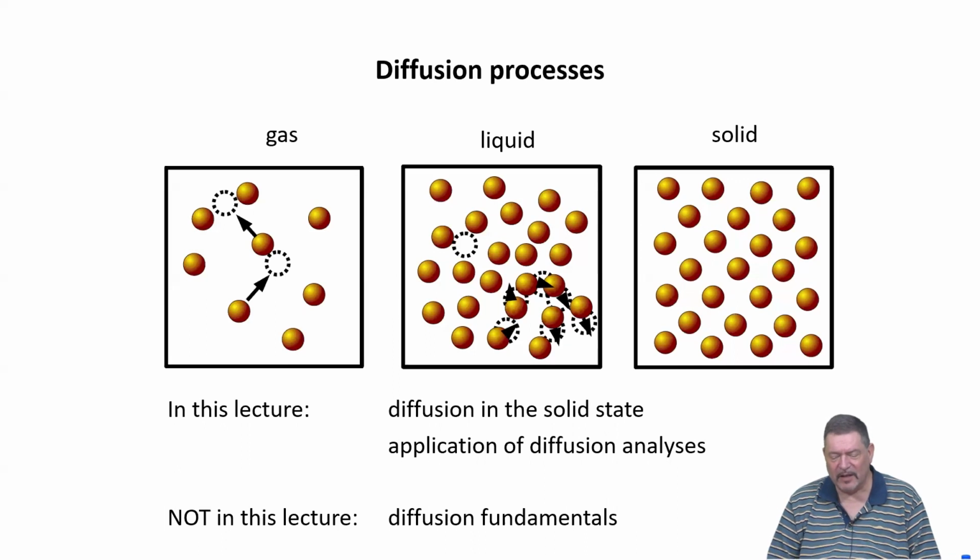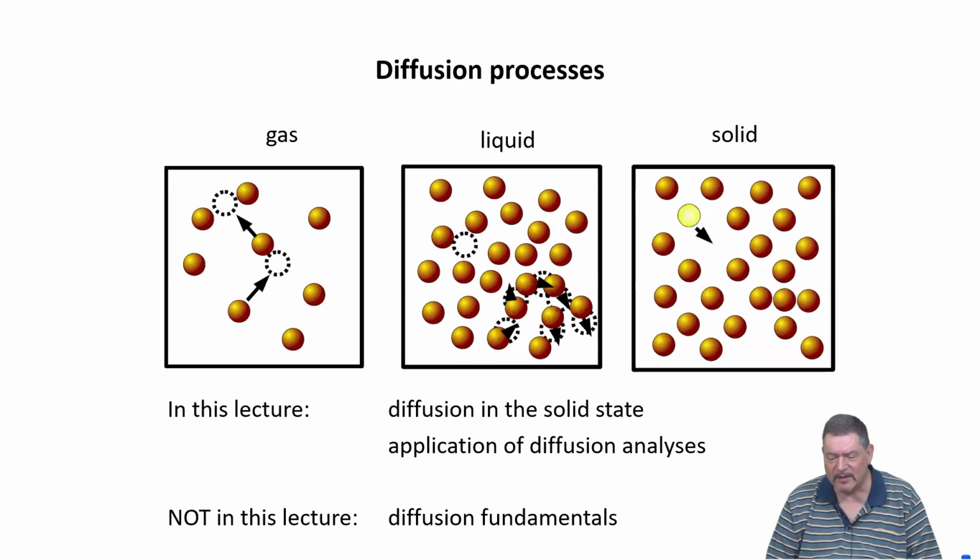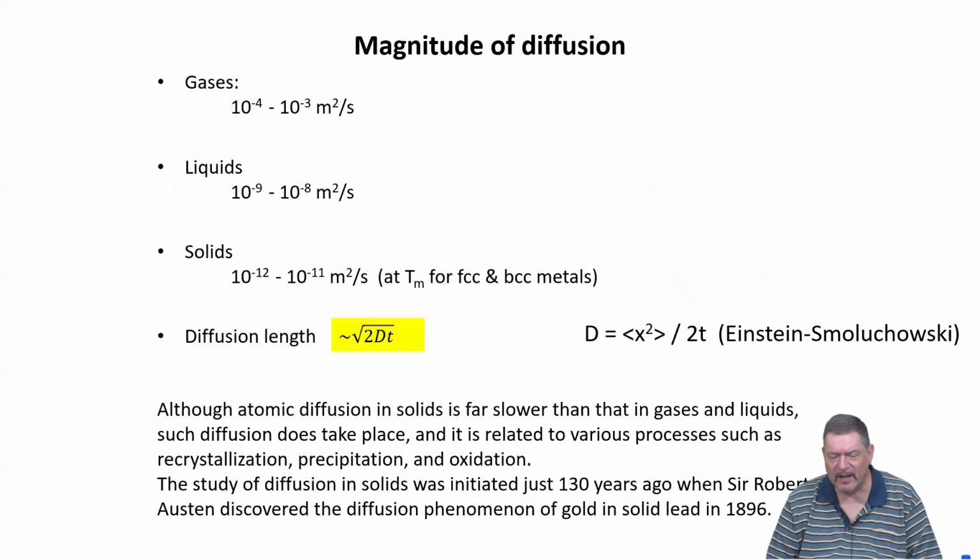And we know that already. What we will not do in this lecture is start from here, as I said, because we will jump ahead, and we will not go from Brownian motion to diffusion, but we will immediately start with the diffusion process. Just to give you an idea about the different magnitudes, in gases normally we have diffusivities of 10 to the minus 4, 10 to the minus 3 square meters per second.